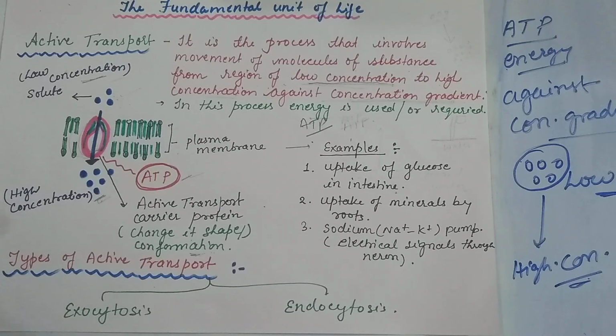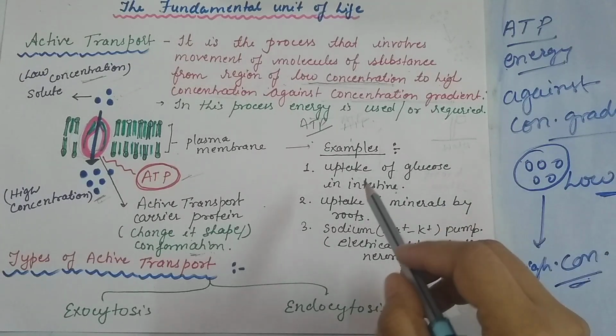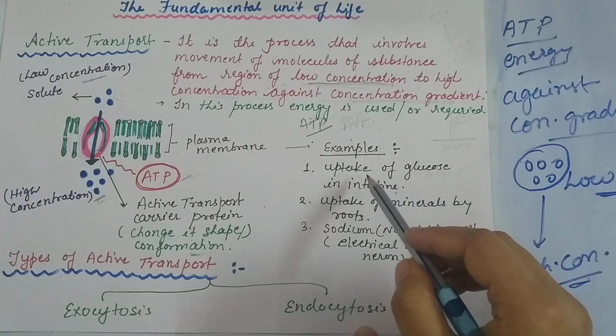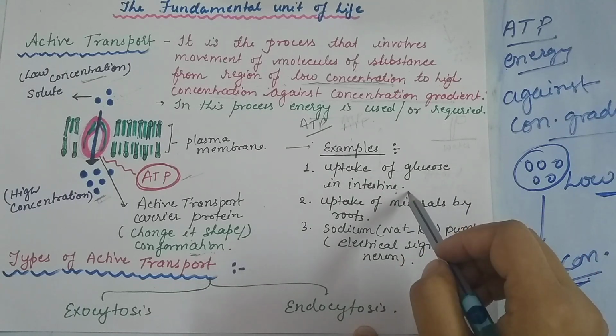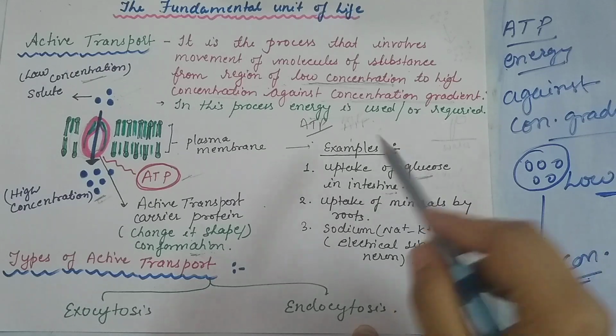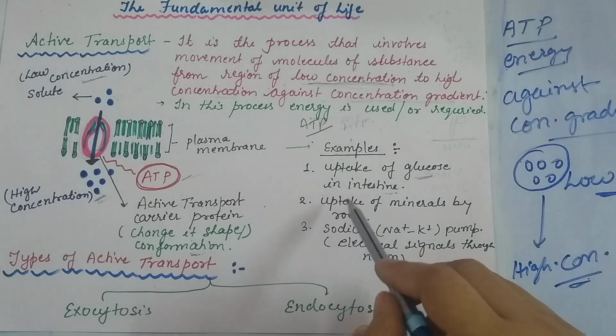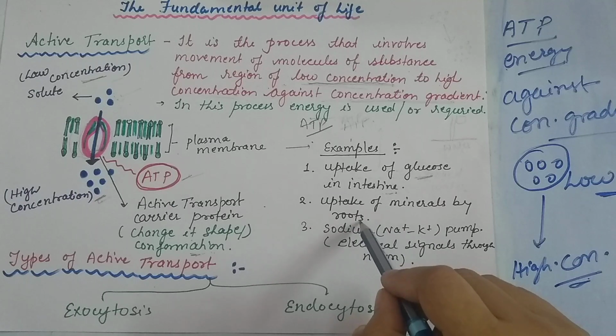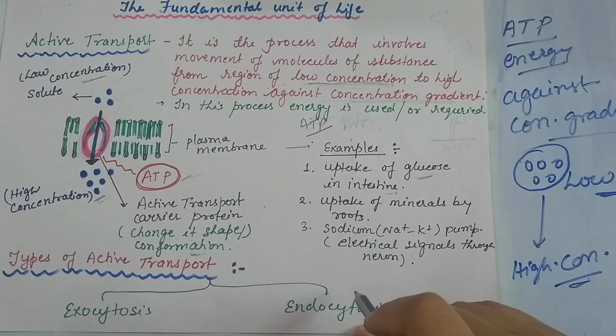Now let's see examples where the active transport process occurs. Basically it occurs in both plants and animals. Some examples are: uptake of glucose in the intestine, which is an active transport process. Uptake of minerals by roots is also an active transport process.